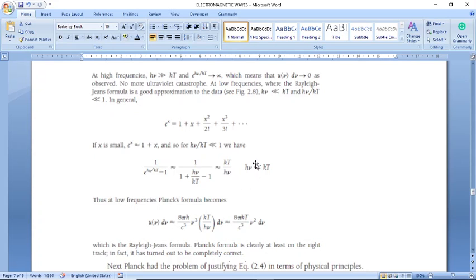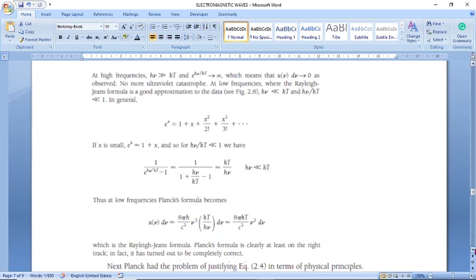So we have assumed that h nu is much less than kT, and at low frequencies we can apply this in the equation. So 8 pi h by c cube nu cube, kT by h nu, d nu; the h and one nu cancel, and we will get 8 pi kT by c cube into nu square d nu. This is Rayleigh's formula.